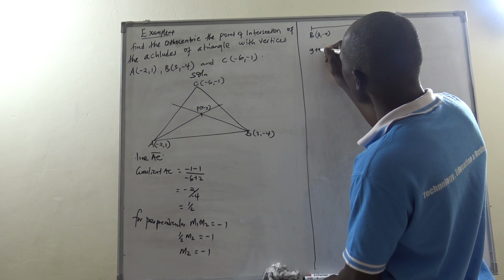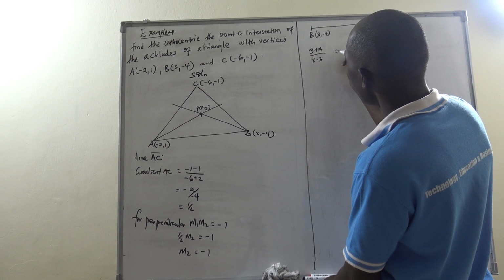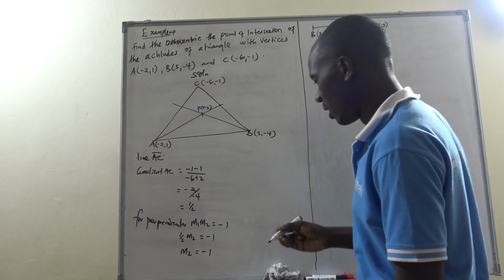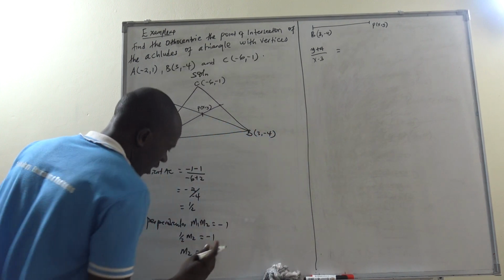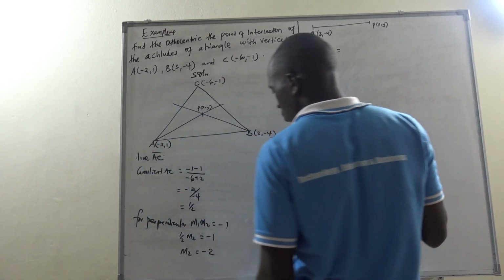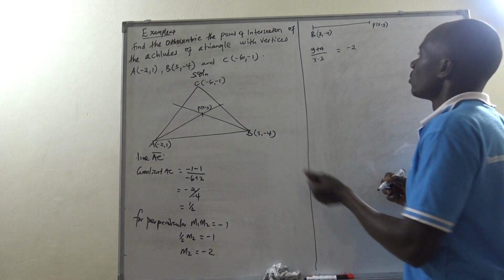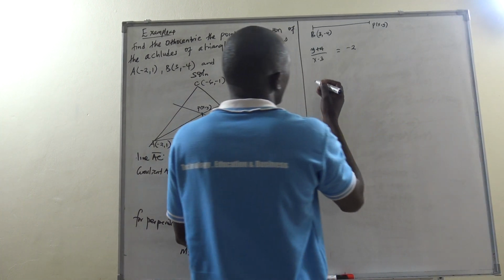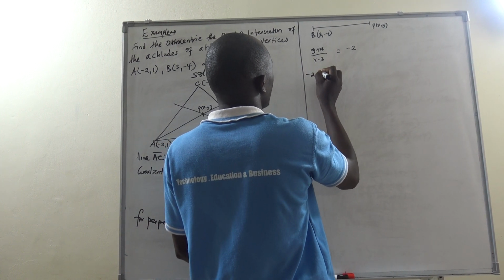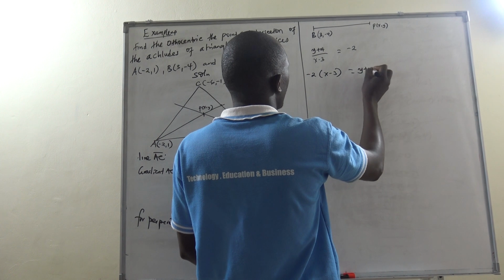y plus 4 over x minus 3 is equal to the perpendicular gradient, which is -2. So can we try to cross multiply? We are getting -2 into x minus 3 equals y plus 4.